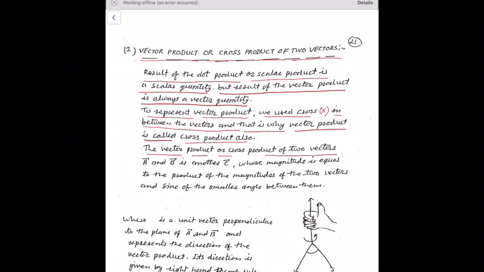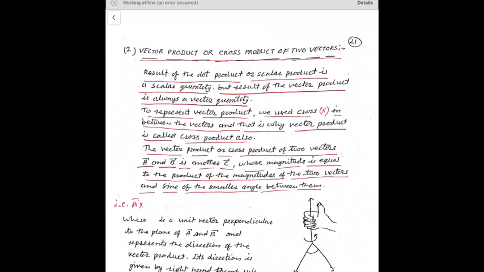The vector product or cross product of two vectors A vector and B vector is another vector C whose magnitude is equal to the product of the magnitude of the two vectors and sine of the smaller angle between them.